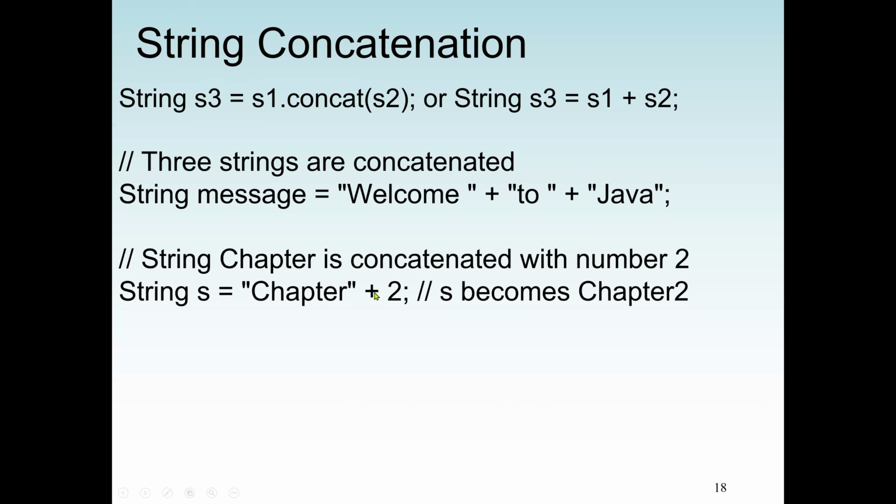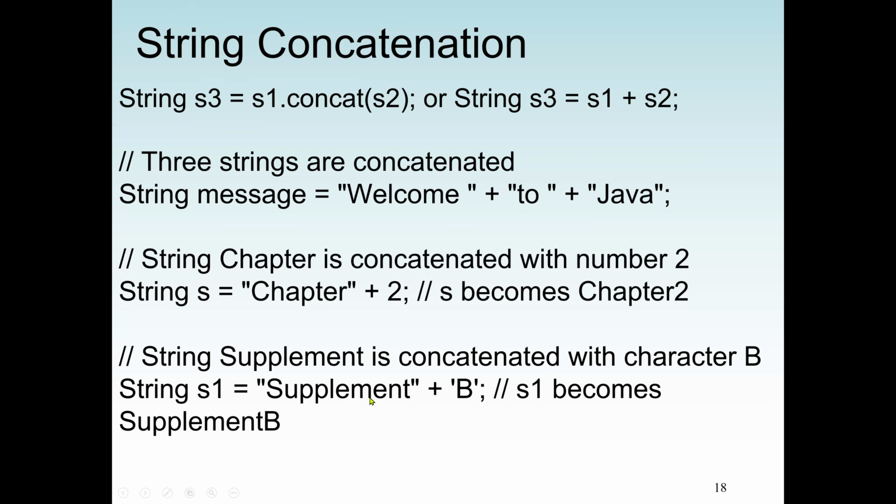It will only act as addition if both the left and right sides are numbers, values. So if I have 4 plus 2, the answer will be 6. If I put 4 in double quotation plus 2, the answer will be 42, because it's going to join the 4 and 2.